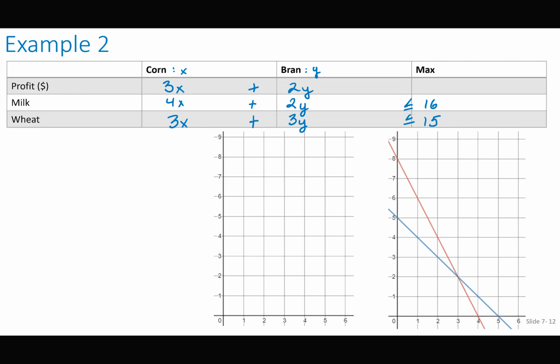Okay, so using that table, we were able to clearly identify our objective function. We could identify our constraints on there as well. So our objective function was 3x plus 2y equals, I'll say P for profit.